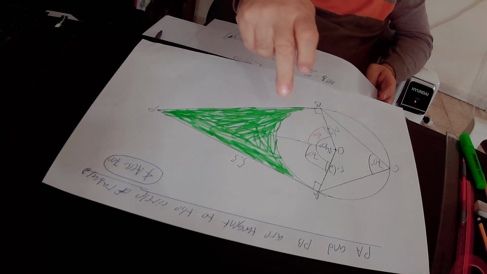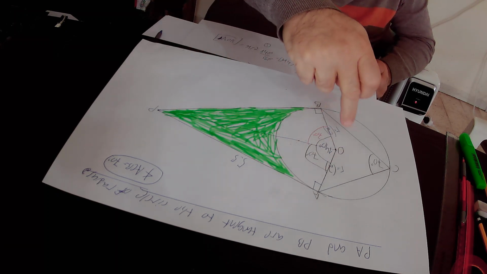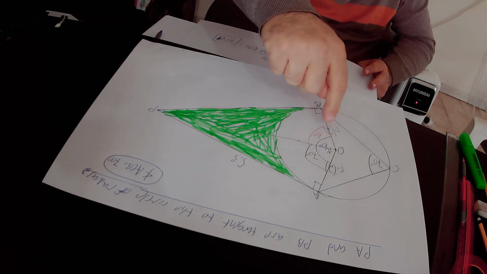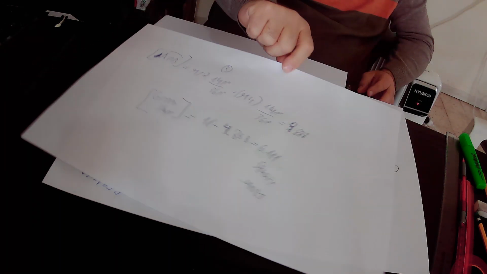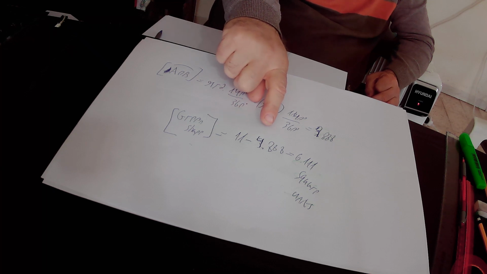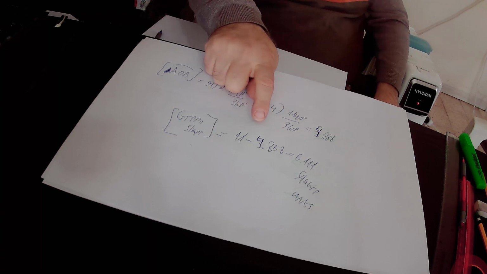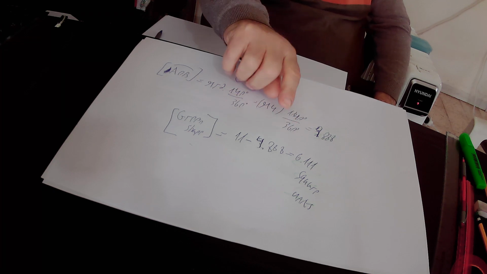And we found out that the area of this green shape in total equals the area of the two right triangles, 11 square units, minus the area of sector AOB, 4.888 square units. 11 minus 4.888 is equal to 6.111 square units.